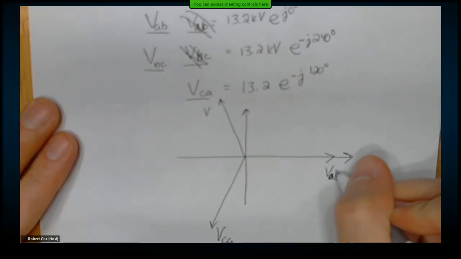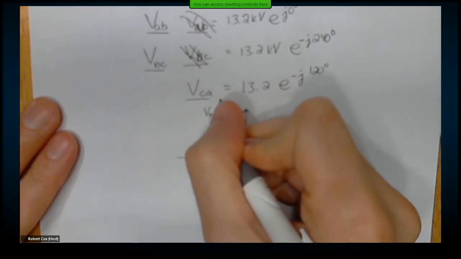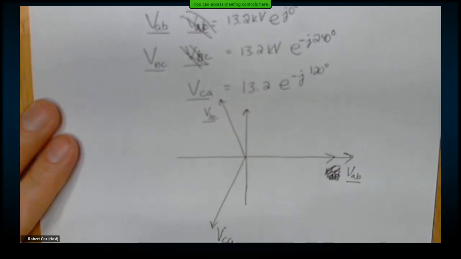VAB is here, VCA is here, VBC is here. That's just how we've been told they are set up in this case.